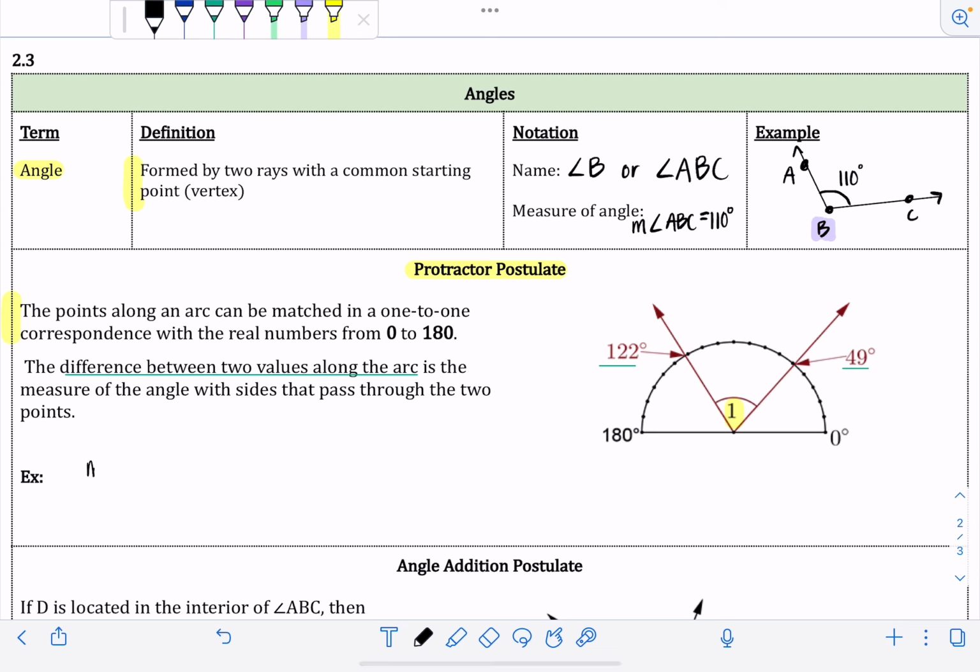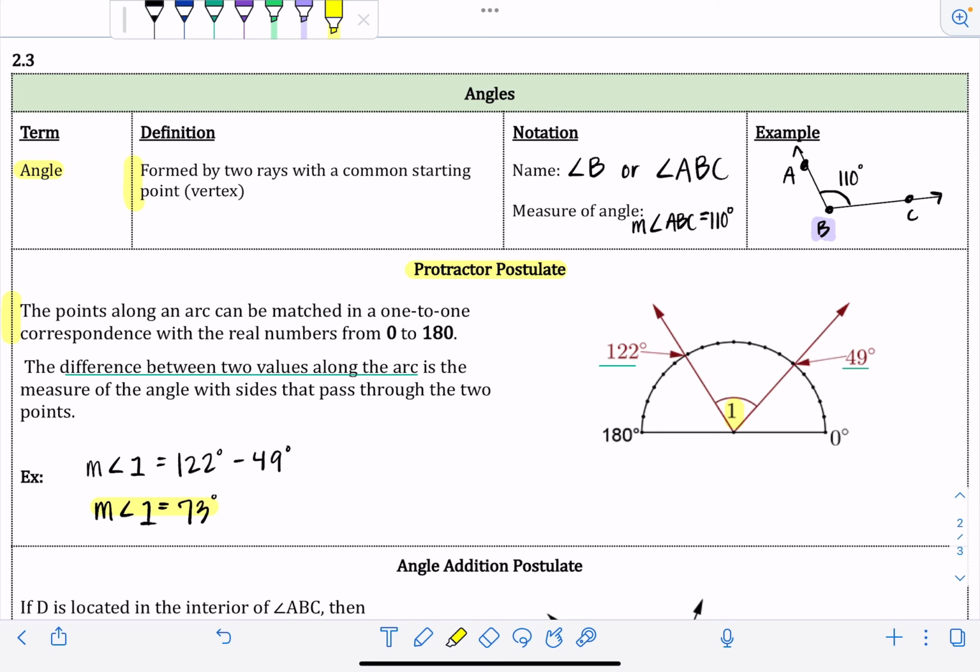So the measure of angle 1, because that's all we have to label or name it by, is just that 1 inside there, is equal to the difference between the two values. So it would be 122 degrees minus 49 degrees. 122 minus 49 is 73. So the measure of angle 1 is equal to 73 degrees.